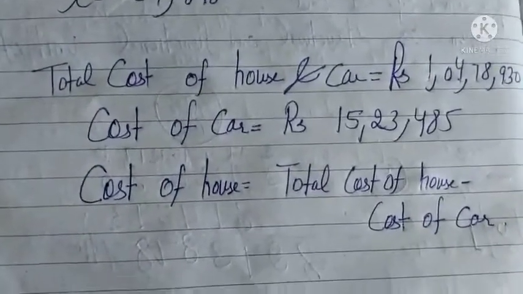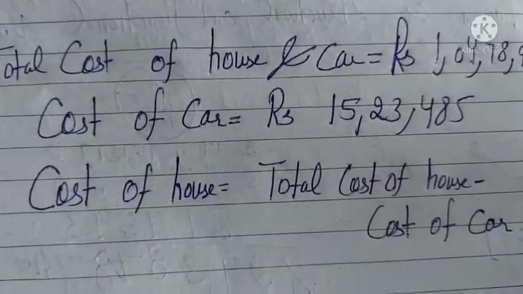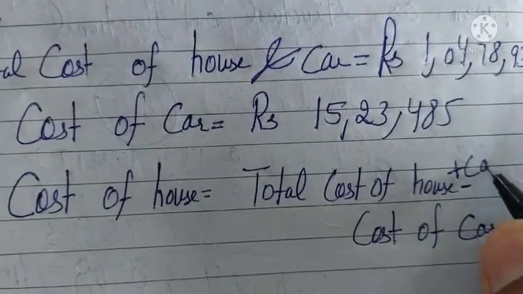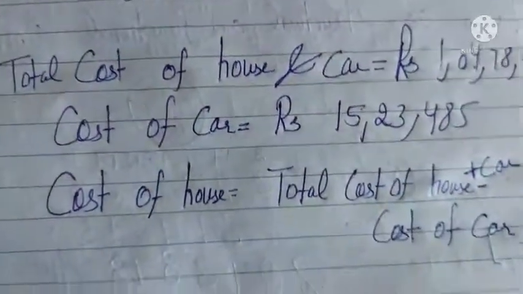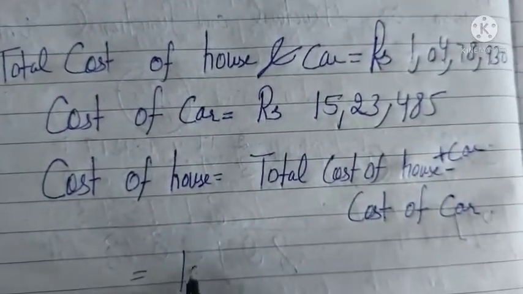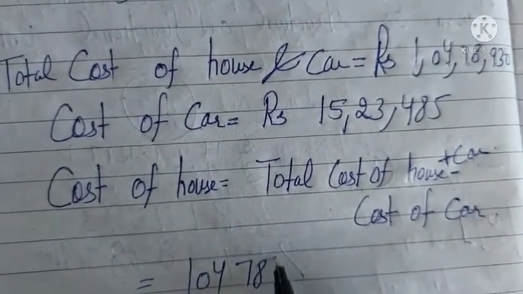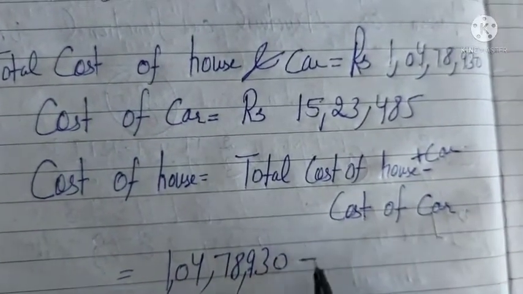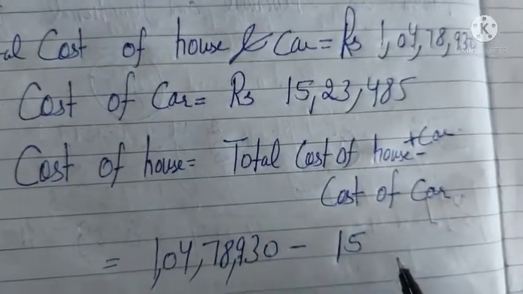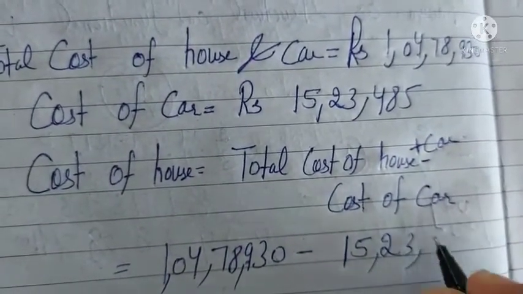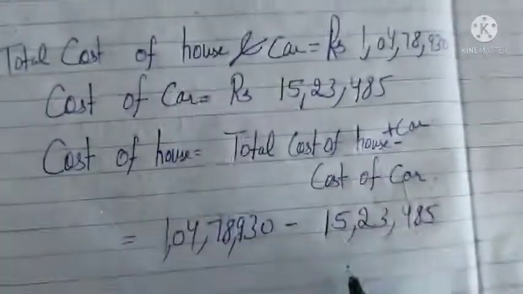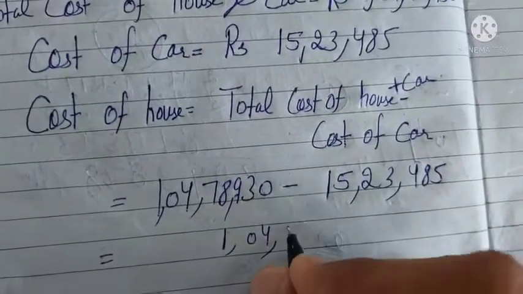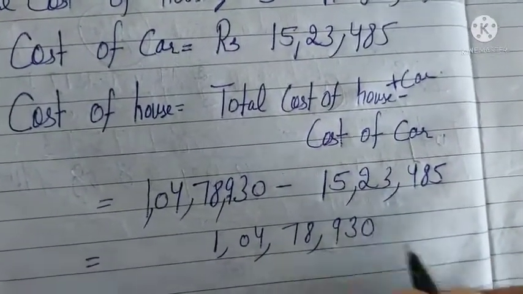So the cost of the house is equal to the total cost of house plus car minus the cost of the car, and the total cost was 104,78,930 minus 15,23,485.